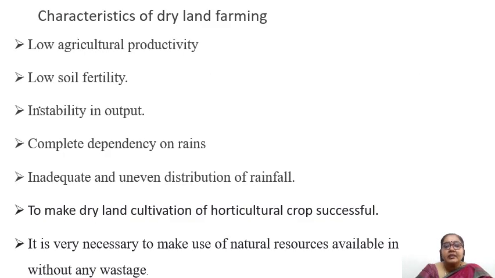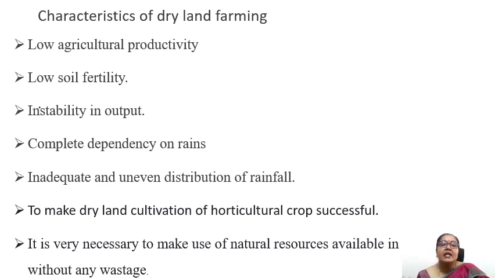Let's see what the characteristics of dryland farming are. Since it's a dry land, the soil is not very fertile and the productivity is also very less. There is no consistency in terms of output, so it's very unstable, and they are totally dependent on the little rain that they get, and there is inadequate and uneven distribution of rainfall.